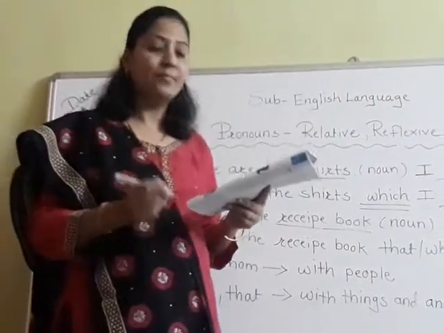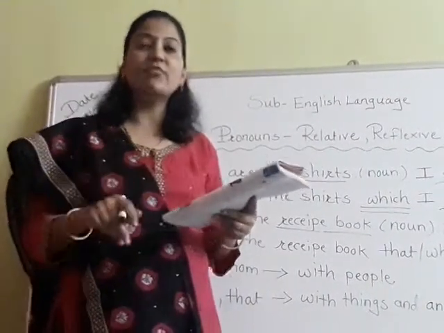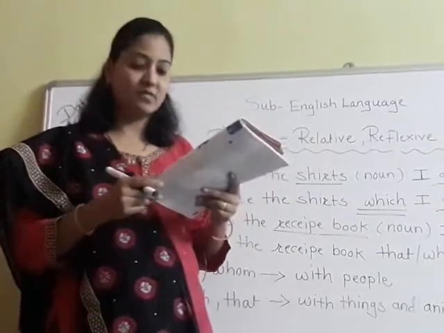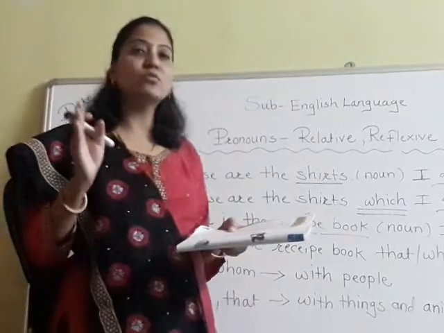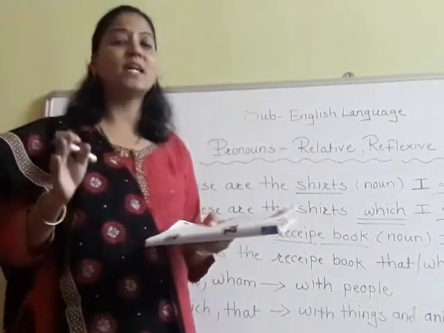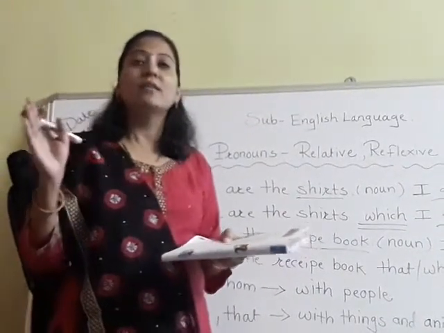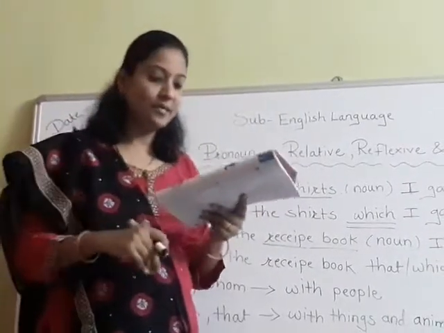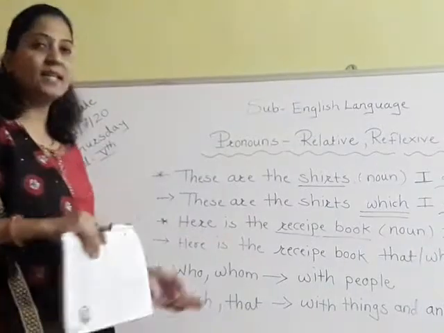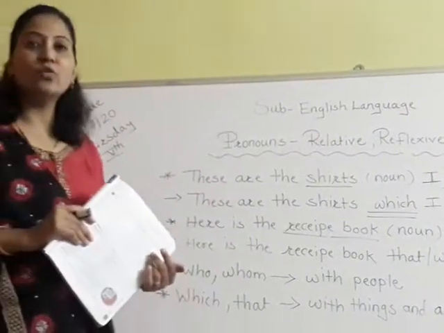For example, that was a lady. If we are talking about a lady that is very beautiful, so if we want to talk about her beauty at that time, we can say that was a lady. Okay. So like this is all about the relative pronouns.